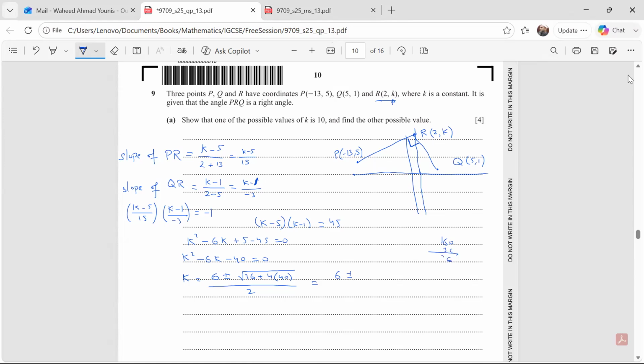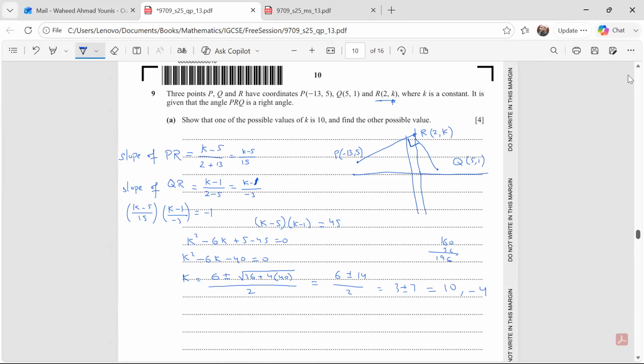The square root of 196 is 14, over 2. So it becomes 3 plus or minus 7. Adding gives 10, and 3 minus 7 is minus 4. So these are the two values of k, 10 and minus 4, which give this angle 90 degrees.